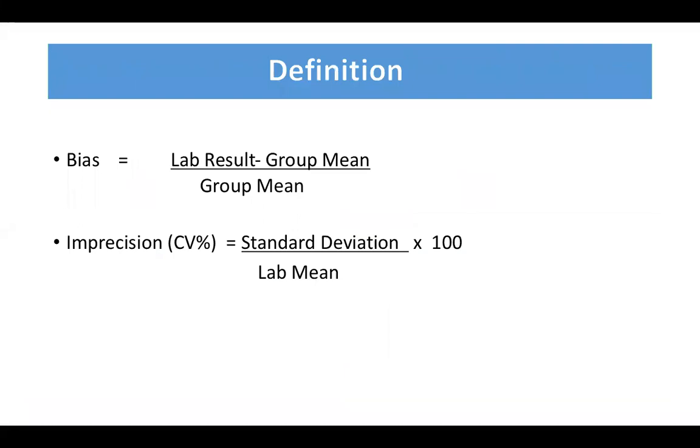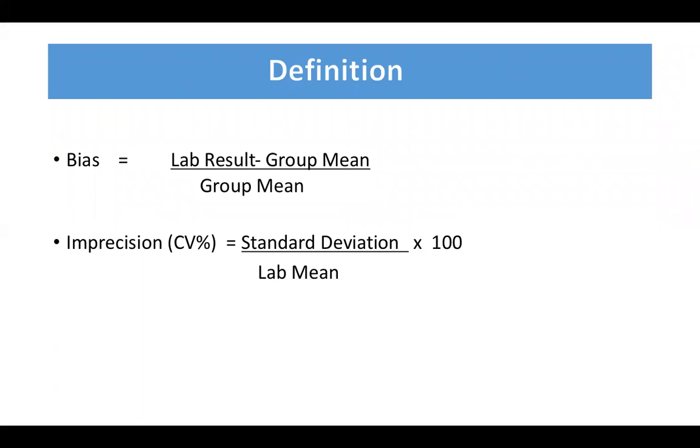Now we have to understand certain terms which we will be using. What is bias? Bias is the difference between the true value and your result. Bias we calculate from EQAS. Whatever group mean we get, we consider that as the reference value.